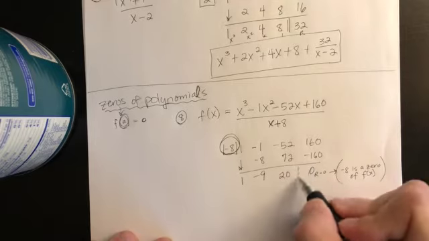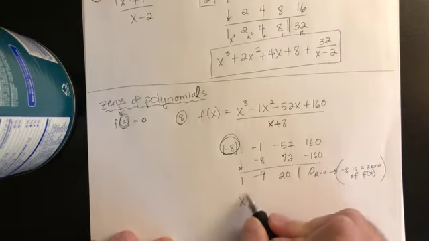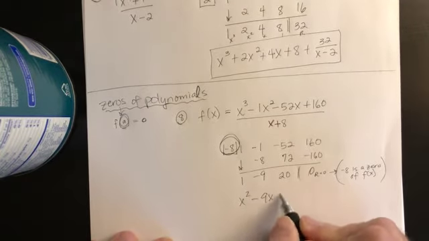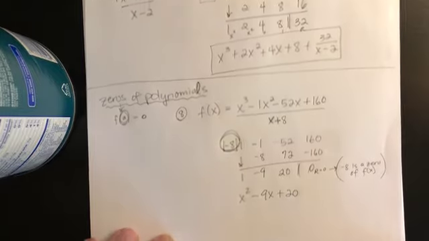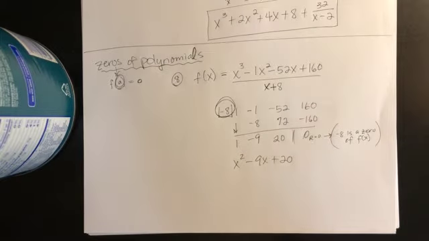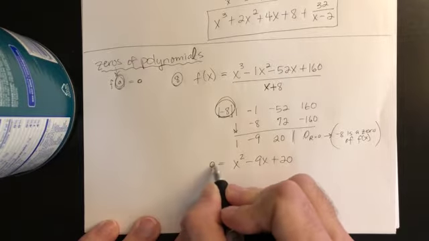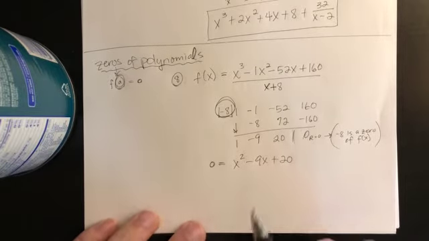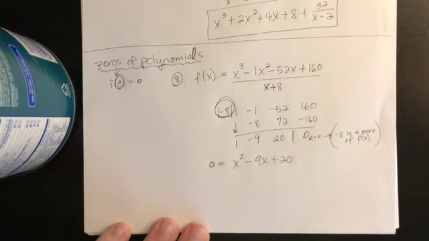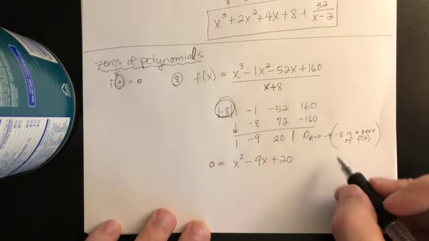Now what's left over, though, is a quadratic equation, x squared minus 9x plus 20. And if you set that equal to 0, then this is a quadratic equation, isn't it? It's something you know how to do. So let's factor, because that was one of the ways to solve quadratics.